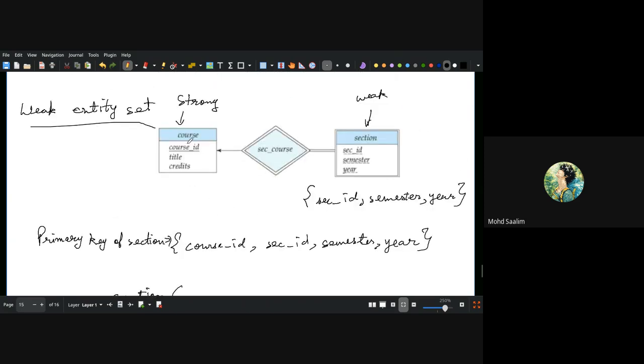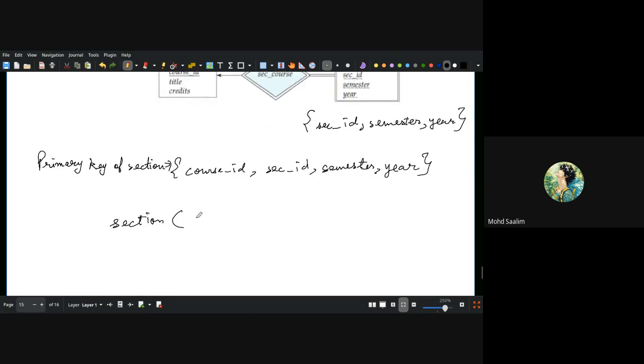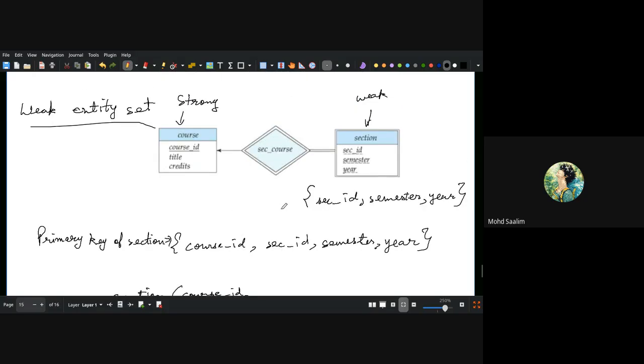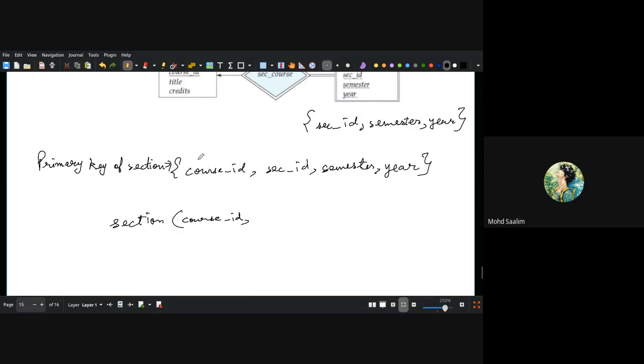First of all, you give the primary key of the strong entity set, course ID. Then you give all the discriminators: section ID, semester, year. And after that you give all other attributes that are not discriminators. For example, if there is one more attribute called term that is not a discriminator, you give it after those.